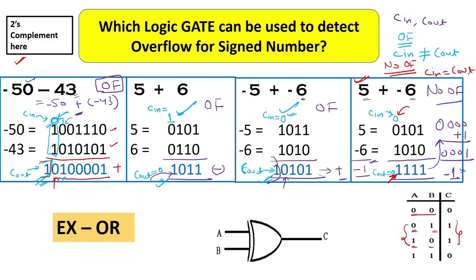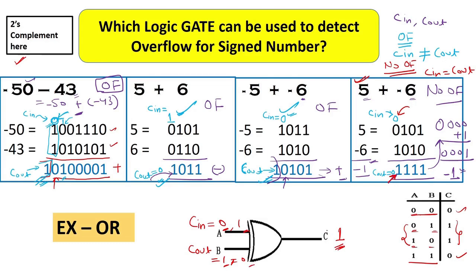And whenever the bits are the same, let's say 0, 0 and 1, 1, we get 0 only, right? So let's say we give C in and C out as the input in place of A and B. Whenever we get 0, 1 or 1, 0, in both cases we will get 1 here, because 0 and 1 are different, and 1 and 0 are different. In that case also I will get 1.